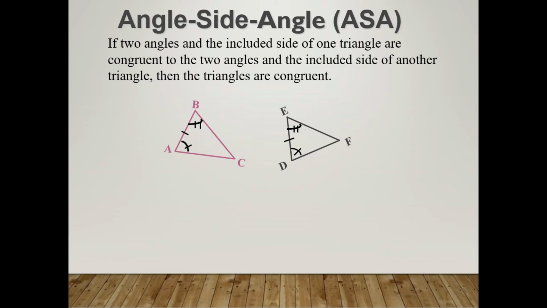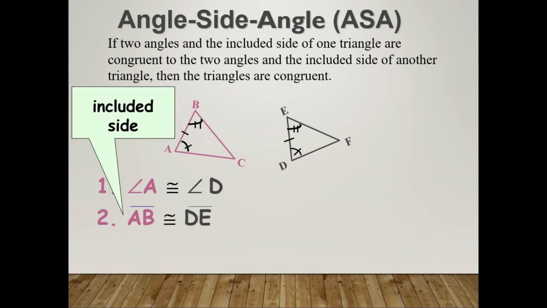So let us name the corresponding parts which are congruent. So we have angle A is congruent to angle D, since sila yung merong parehong markings. Okay, now for the next given, we have line segment AB is congruent to line segment DE. And that is what we call the included side.